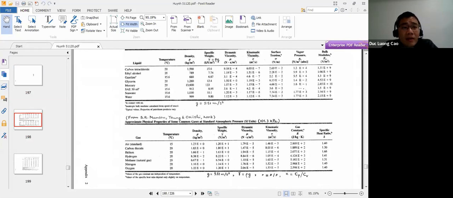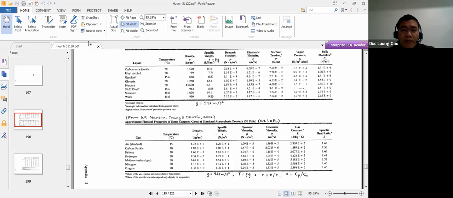That's easy. The first tutorial shows you how to find properties and where you can use tables in the course notes, or you can use textbooks, that's okay. From Munson, this one is the textbook.